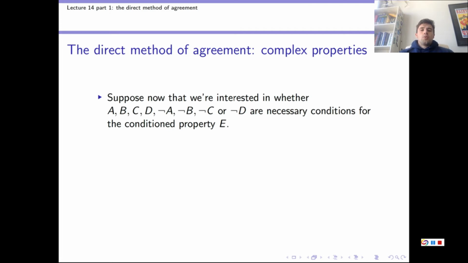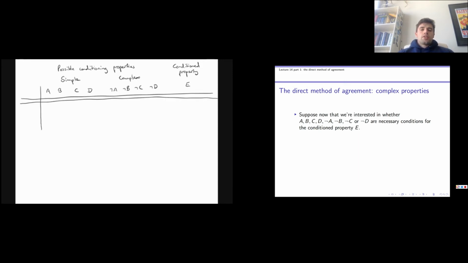Then our table would be set up as follows, in which we have the 8 possible conditioning properties, 4 simple and 4 complex, recorded, and we have the given conditioned property recorded alongside in its own column.